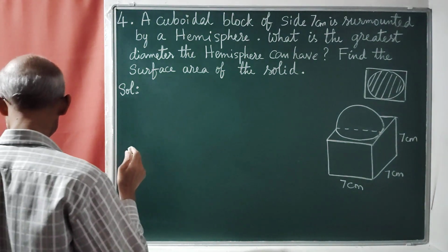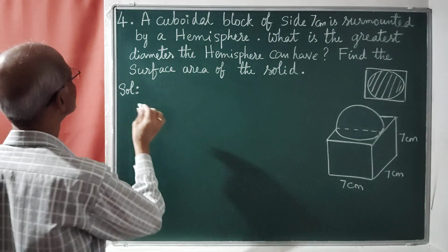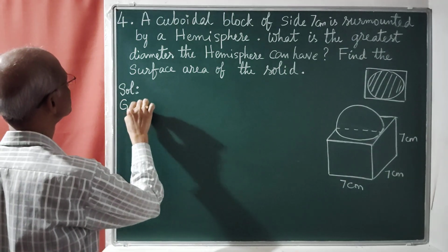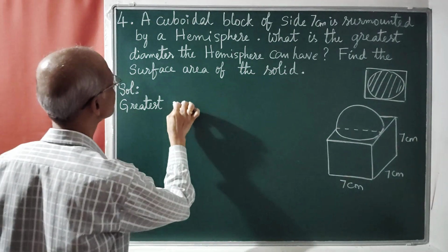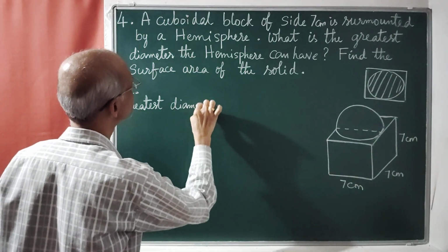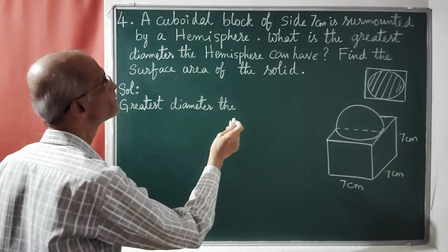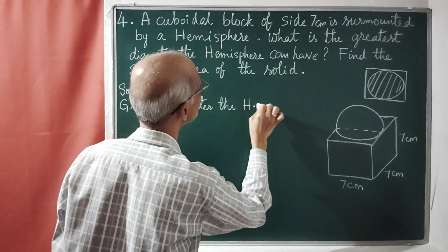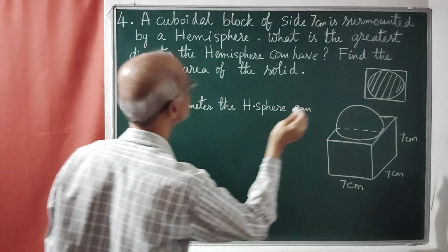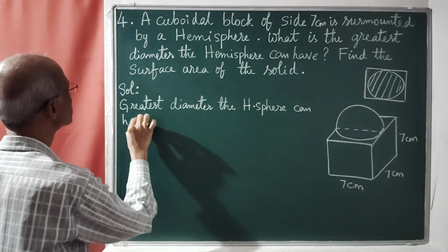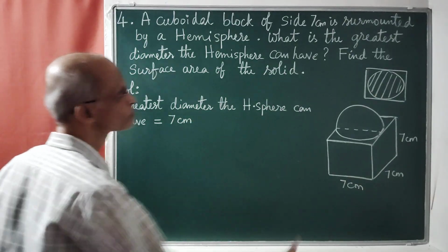So here the greatest diameter the hemisphere can have will be equal to 7 centimeters, this distance.